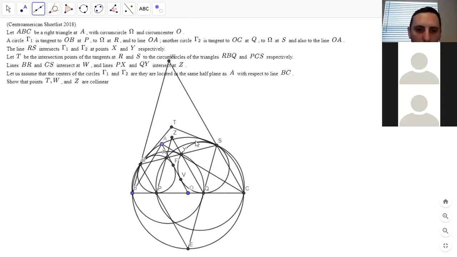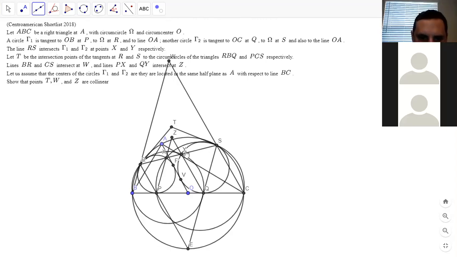Okay, so T lies on the radical axis, right? Because TR is tangent and TS is tangent. So do you think you've solved it? T is on the radical axis because TS equals TR. So how do we know that?